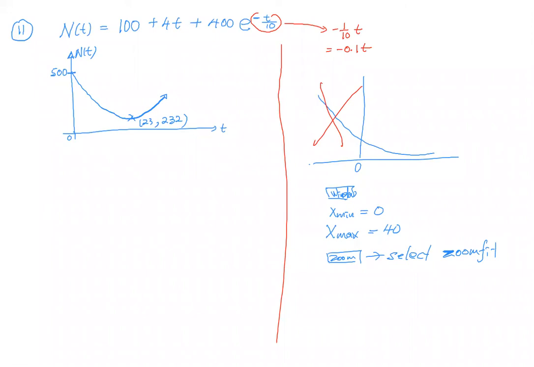Okay, so can you please tell me the answer? The minimum number of elephants predicted. This is the minimum number. Two, 3, 2. Okay, it happened when t equals 23.